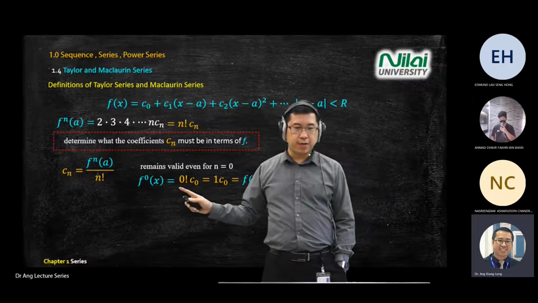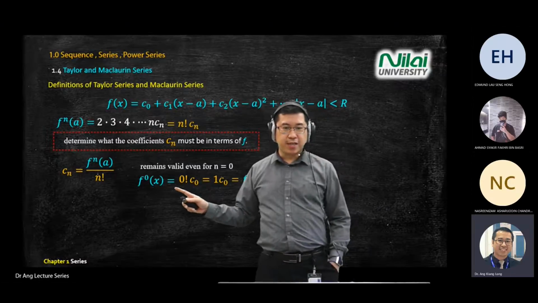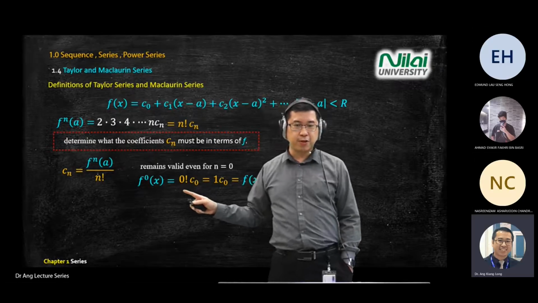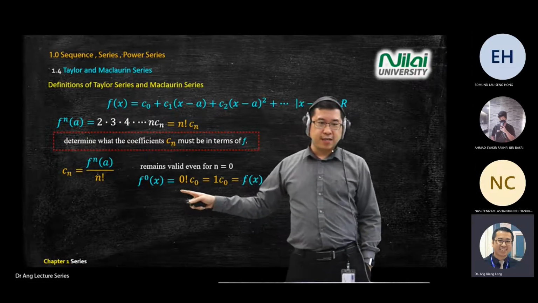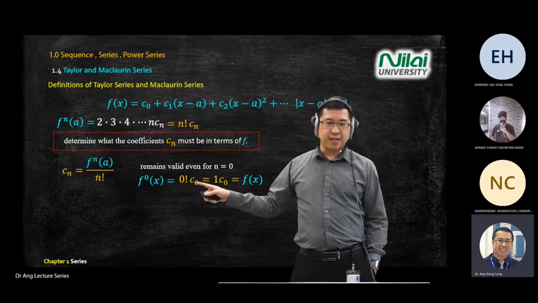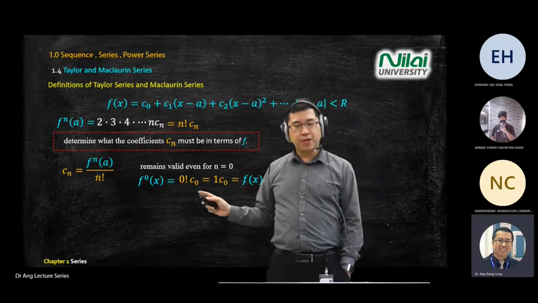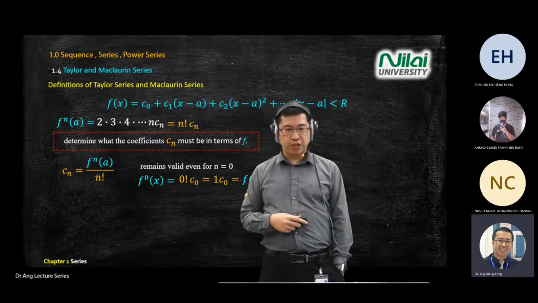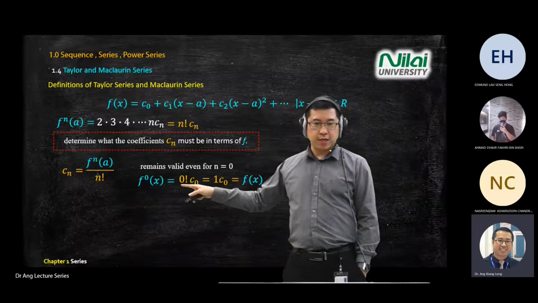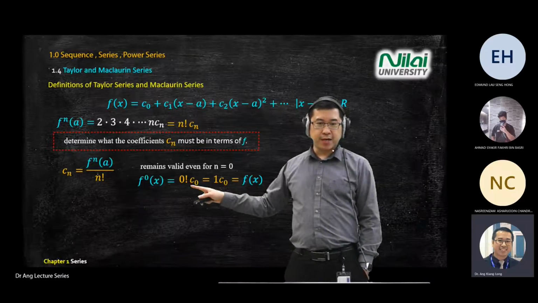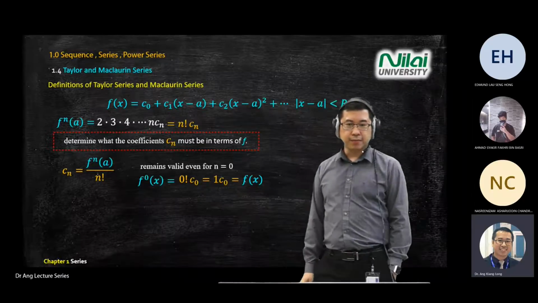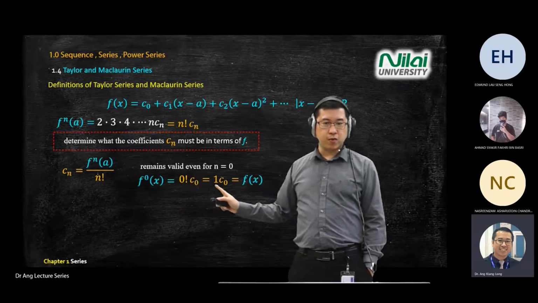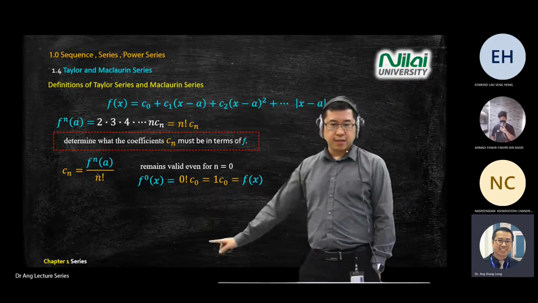Again, remember this one. This is a very important mathematics symbol for this module. We won't tell you this or mention it in a question, but we expect you to know 0 factorial equals 1.